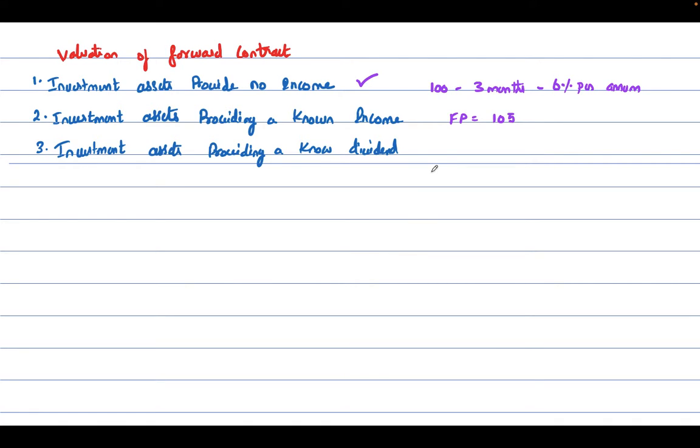So we are going to borrow 100 at the rate of 6% for 3 months, buy one share at rupees 100, and short a forward contract for 105.